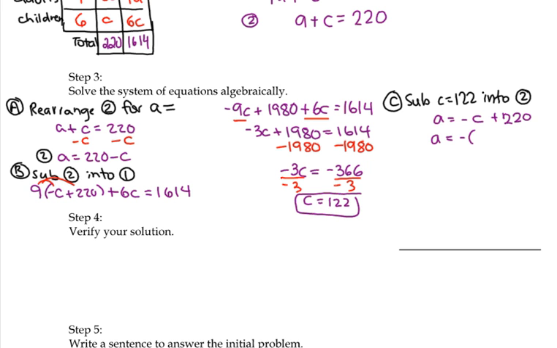Same thing as your total minus the number of children. Which gives us good old 98. Then because we used 2 here, we would use 1 to check.